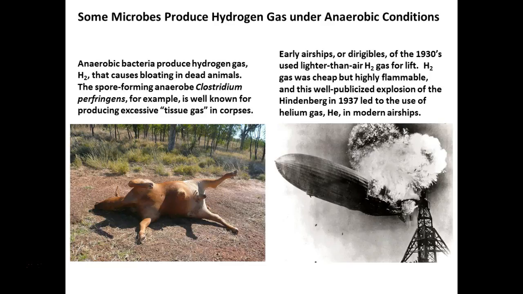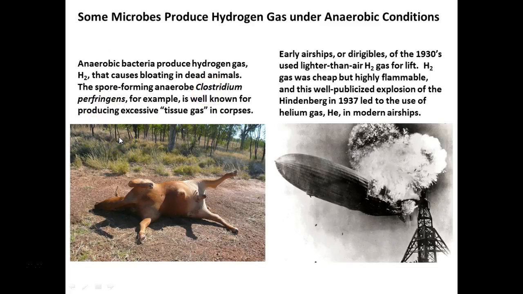Now gases can be bad, especially hydrogen gas, which can be produced under anaerobic conditions. Fermentation doesn't need the electron transport chain, so if you don't have any oxygen, you can ferment and you can produce hydrogen gas. And that's what commonly happens to animals when they're dead and they get that bloat. The most common pathogen doing that is Clostridium perfringens.